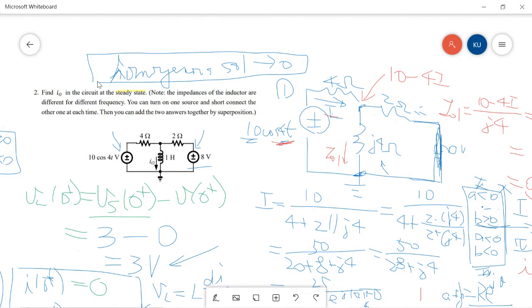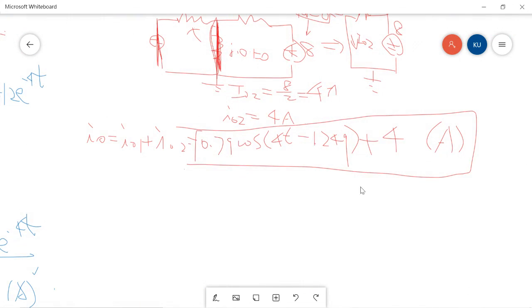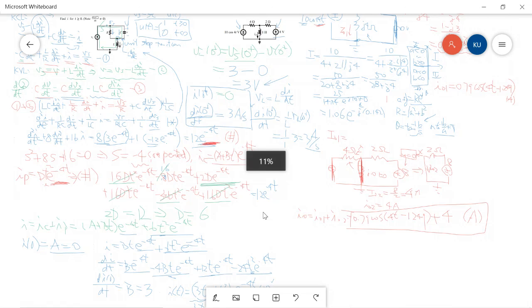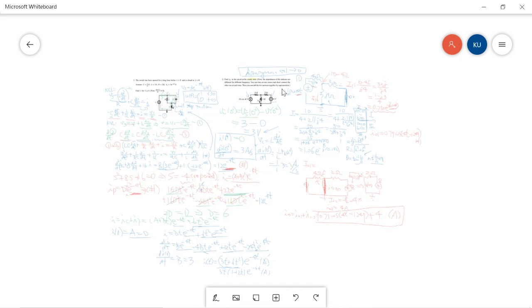And if you just assume the homogeneous solution to be 0, you should be able to get the same result. So I think that's all for this assignment, and if you have any questions, please let me know, and I'll see you next time.